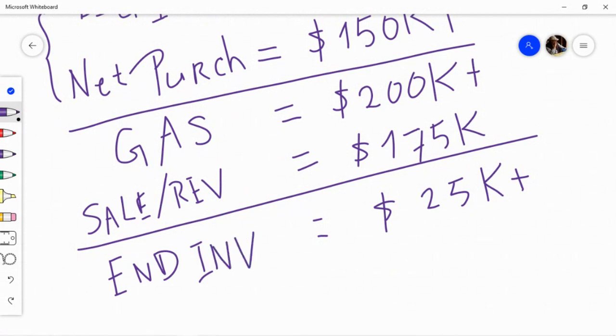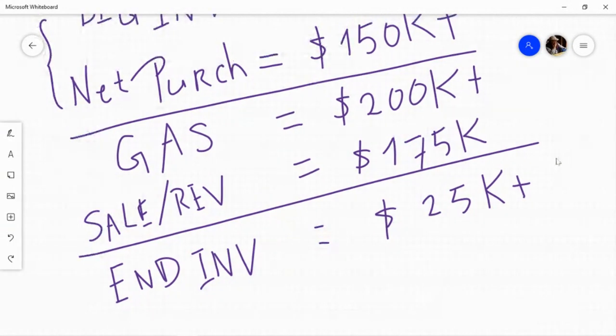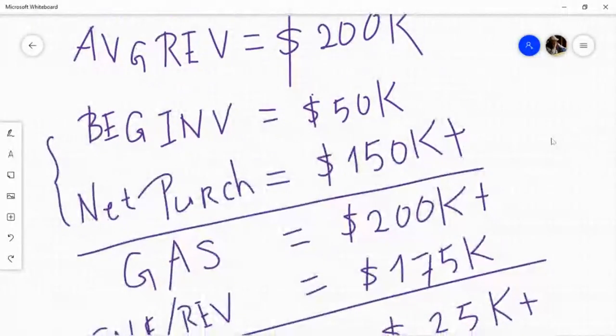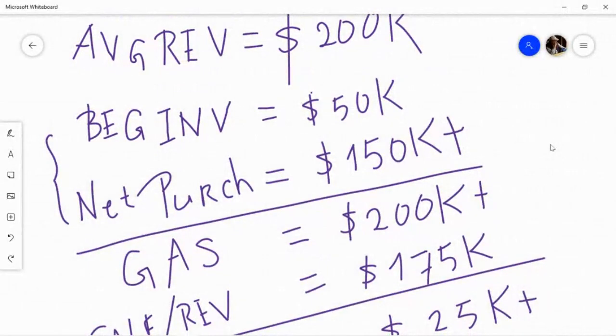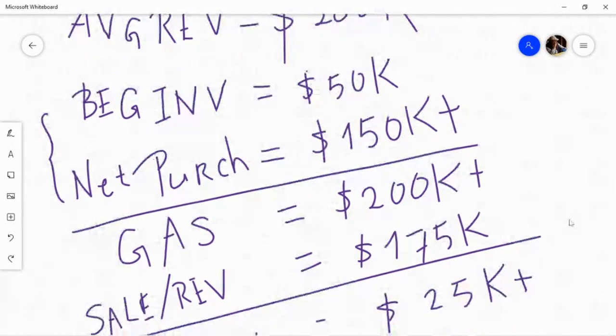All righty. So we're going to have to continue this. Turnover means how many times this happens. Let me just be brief. If our sale was only about 200K, just about average level, then turnover is just once, right?